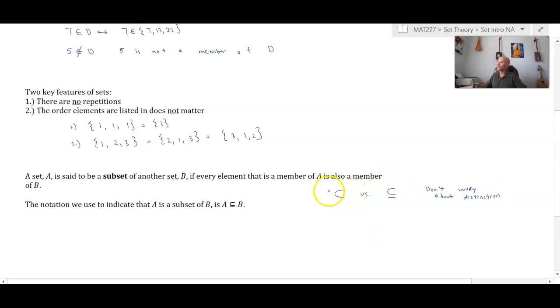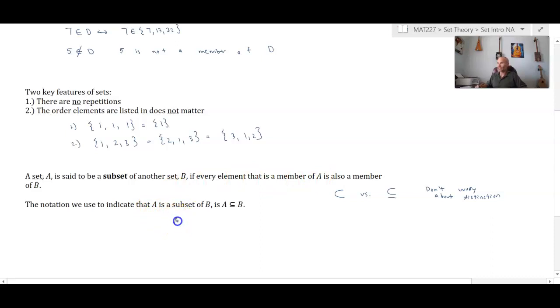This is kind of like the less than sign, that if you compare two sets, it kind of resembles a less than sign. If 4 is less than 5, for example, then it is also true that 4 is less than or equal to 5. And that's what this underline means here, is it's possible that those two sets could be the same as one another. So think about it as a less than or equal to, and it's just easier to stick with that.